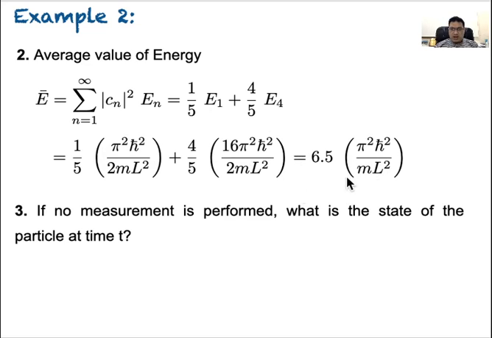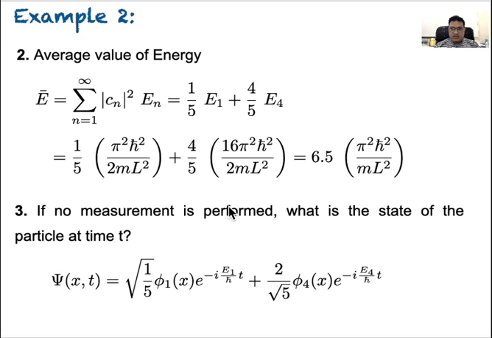Now this is another subsection of this question. If no measurement is performed, what is the state of the particle at time t? Then the state of the particle at time t will be the superposition of phi 1 and phi 4. If there is no measurement, then for psi of x and t, where t is any time, we have seen that this is our time independent part with the proper coefficient, multiplied by the time dependent phase factor.